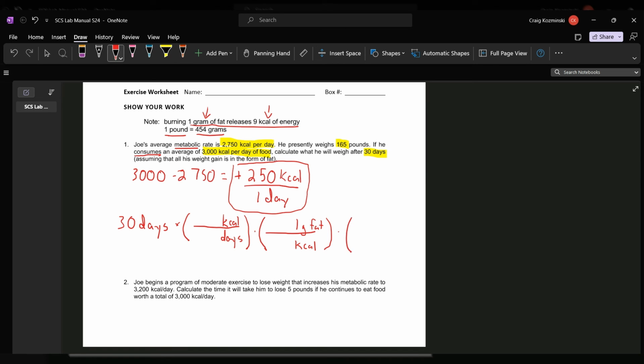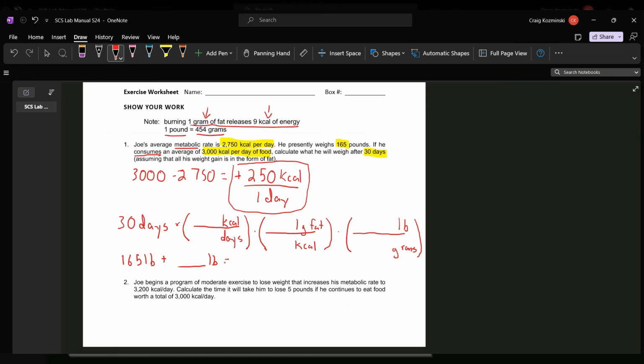And then finally, we're given the conversion between grams and pounds. So this will give you the number of pounds that Joe gains over a period of 30 days. The final answer, however, you'll have to take that answer and add it to 165 pounds.